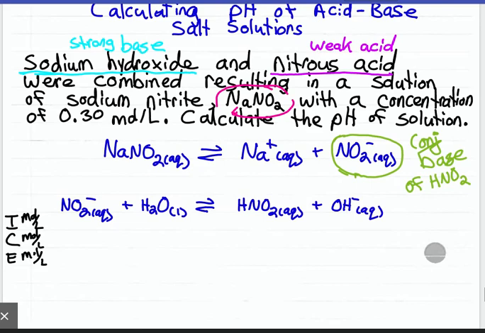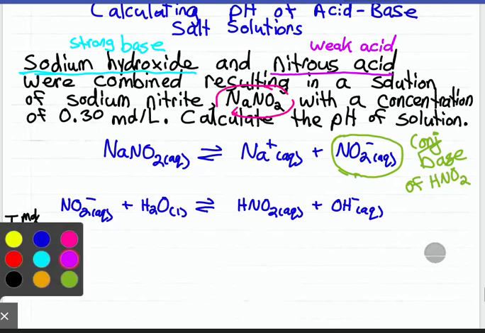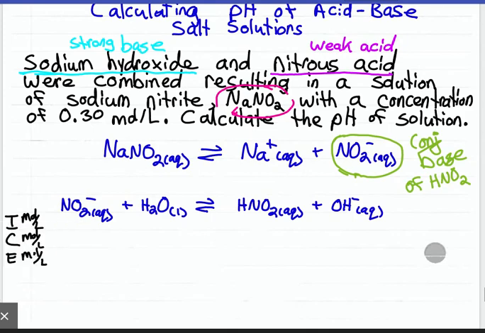And remember that you actually do have an initial concentration of your nitrite because you have a 0.3 mole per liter solution of sodium nitrite, and that sodium nitrite dissociates in a 1-to-1 ratio. Here it is.